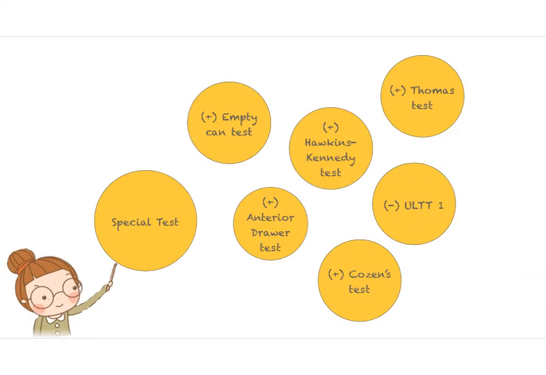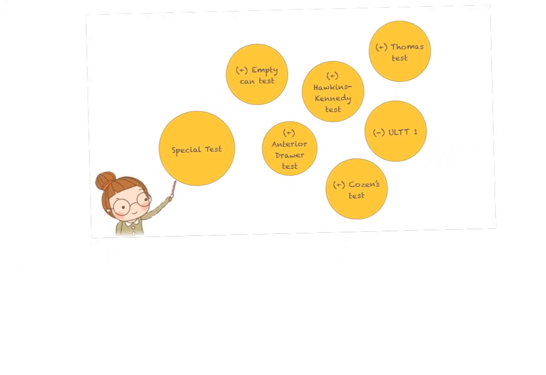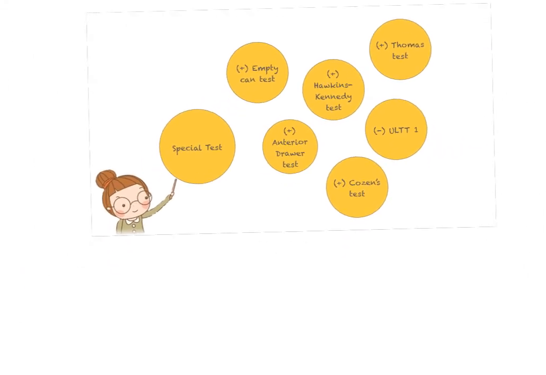Next is the special test. So how are you going to document that? Just like the rest, you just need to write the heading, which is O, colon, and then you write special test, and then you go straight to your findings. It could either be a positive or a negative special test.